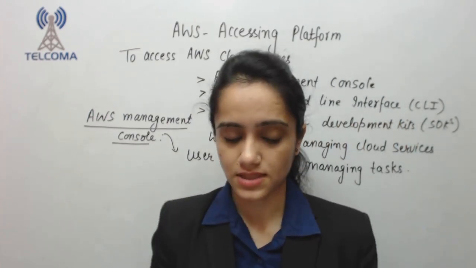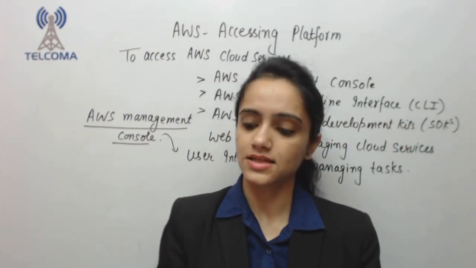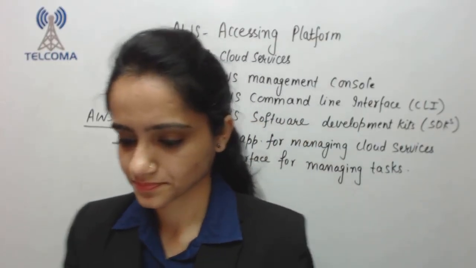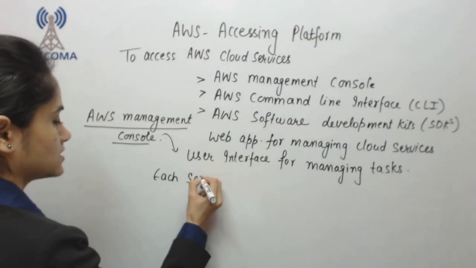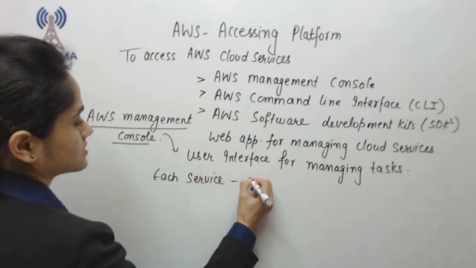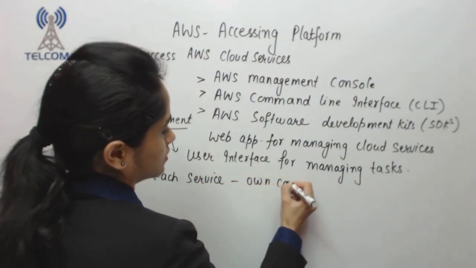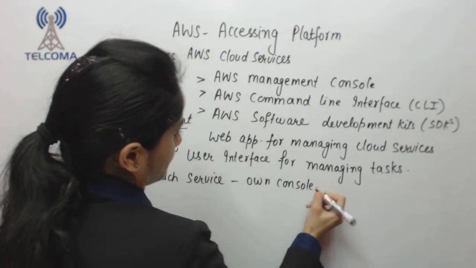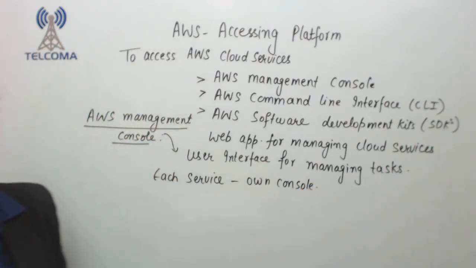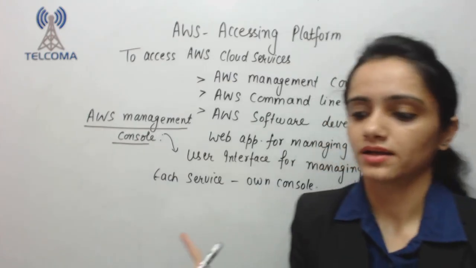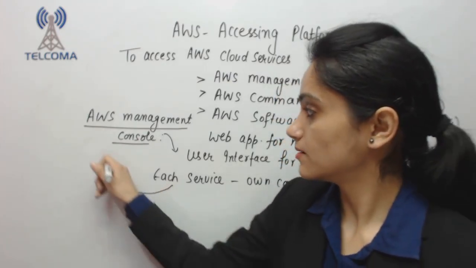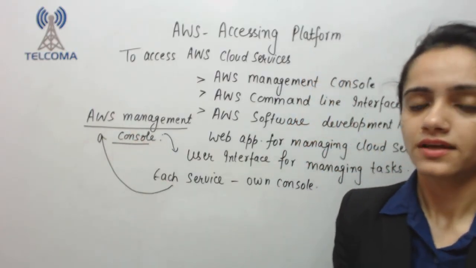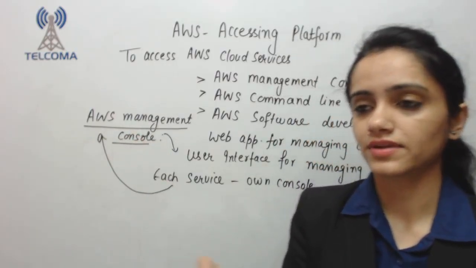Now, each service has its own console. So for each and every service we have one console, which can be accessed from the Management Console. If we have a number of services, we have their own consoles.